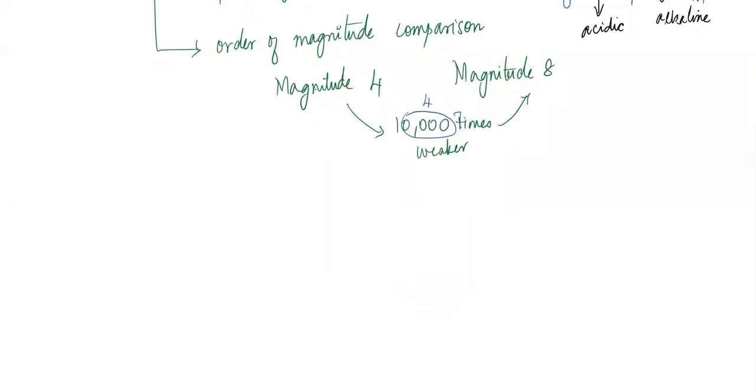All right, we'll look at pH. Okay. The formula for that is negative log H plus. Okay. And I'll explain what that is.